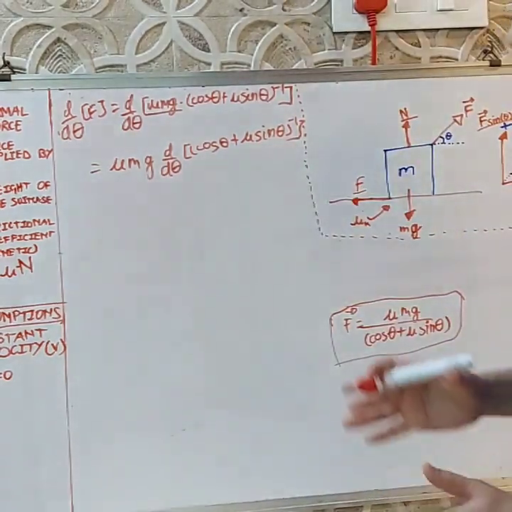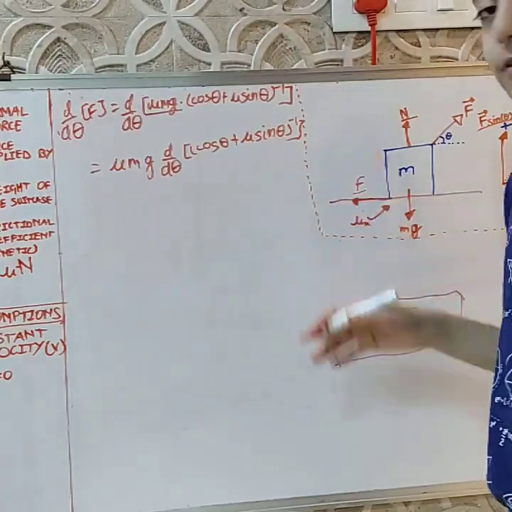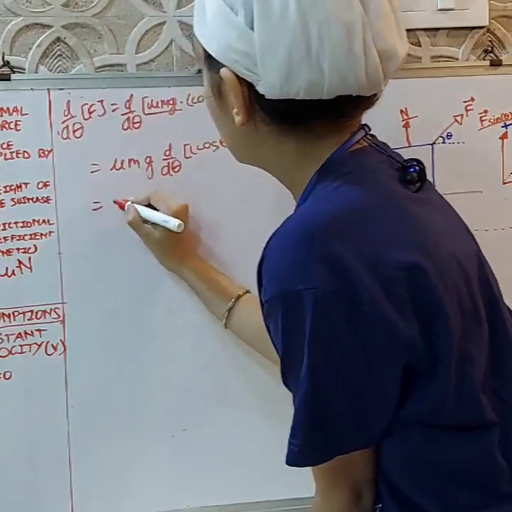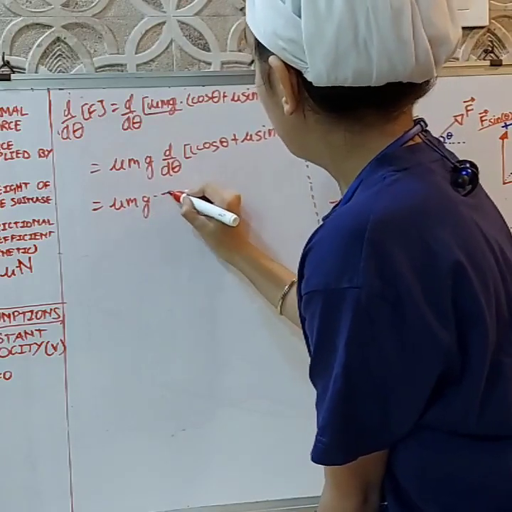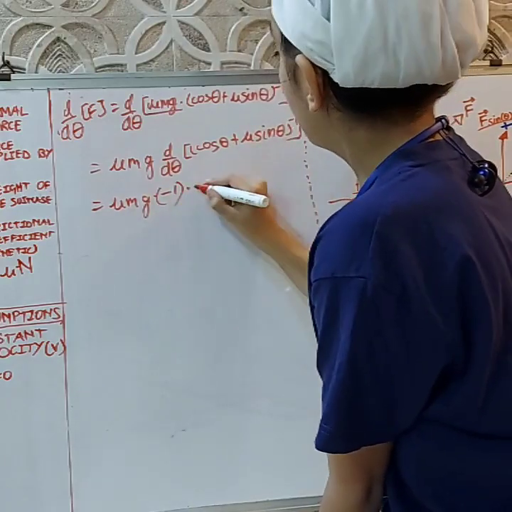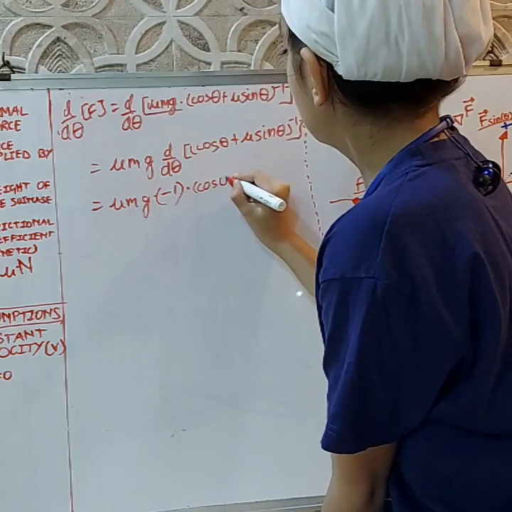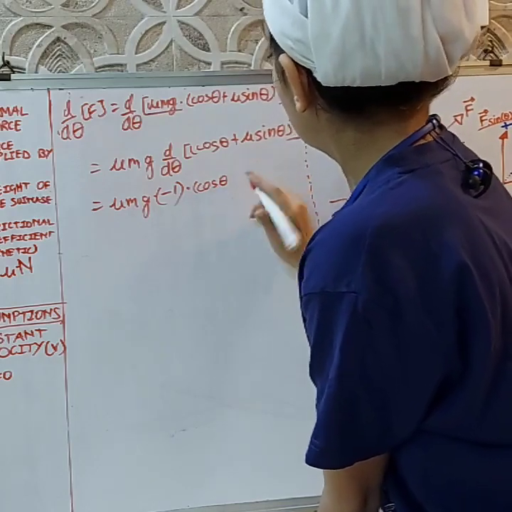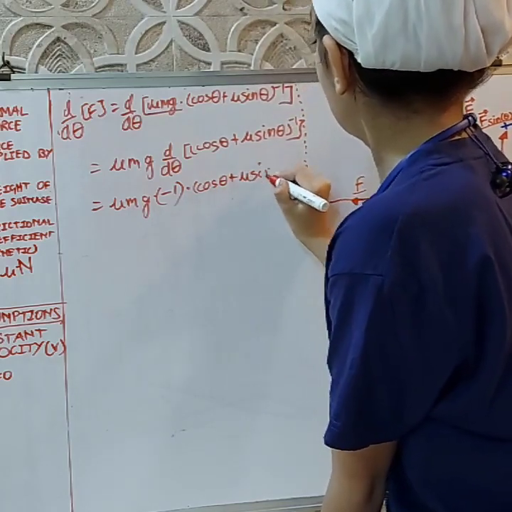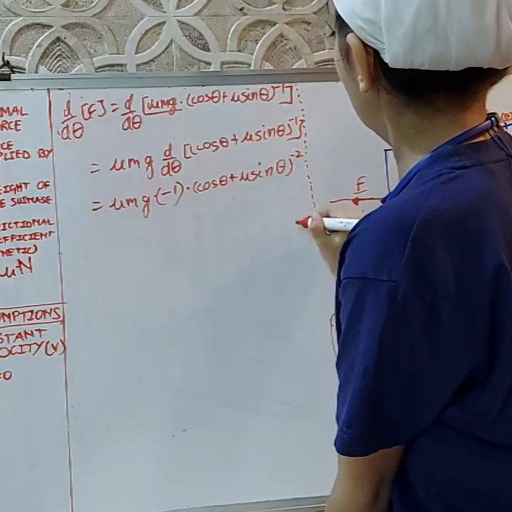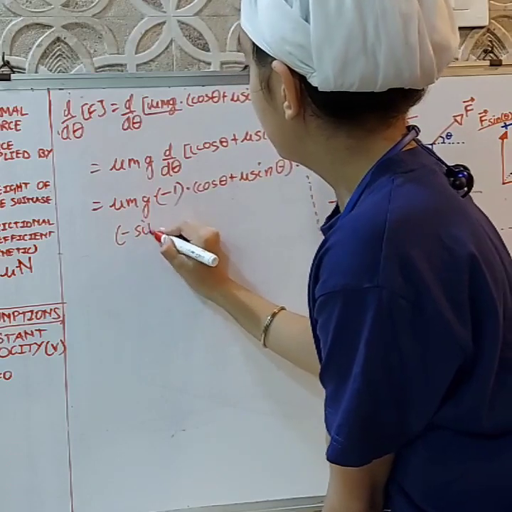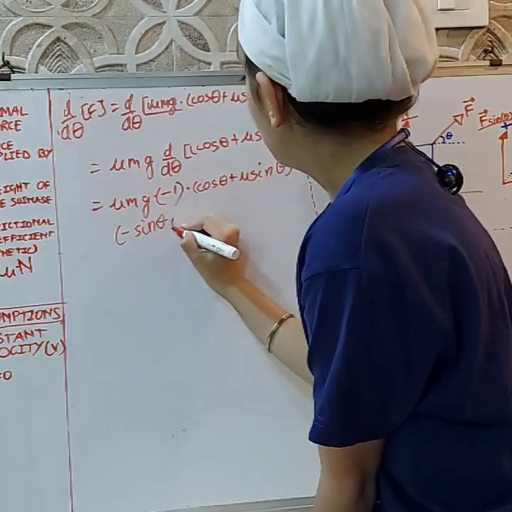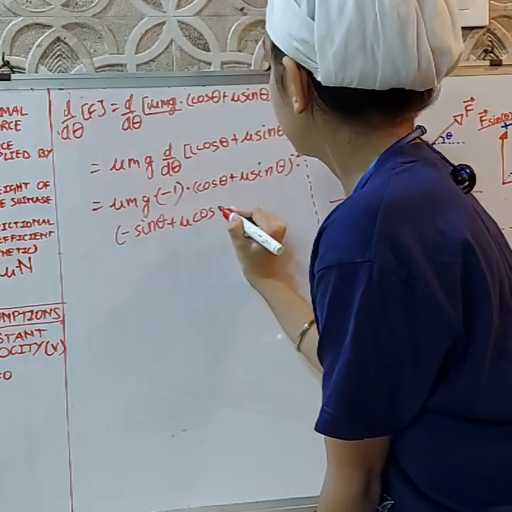Now we can use a little bit of the power rule as well as the chain rule. This is equal to mu mg multiplied by -1 multiplied by cosine theta plus mu sine theta raised to -2, multiplied by minus sine theta plus mu cosine theta.